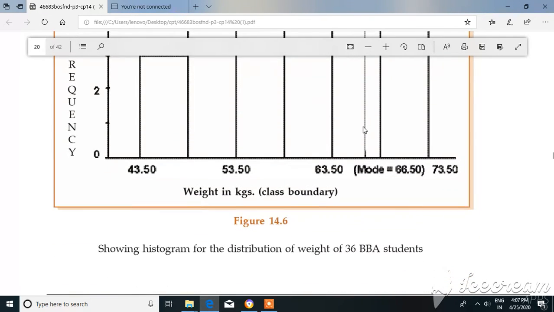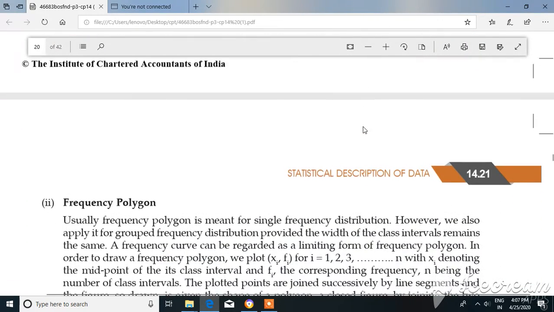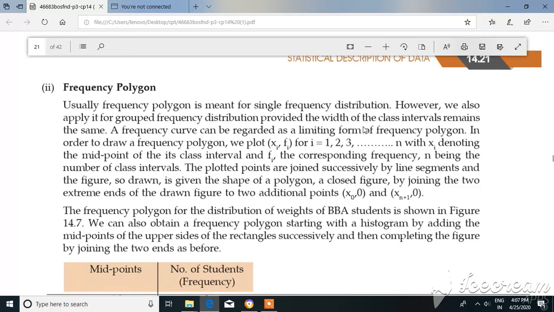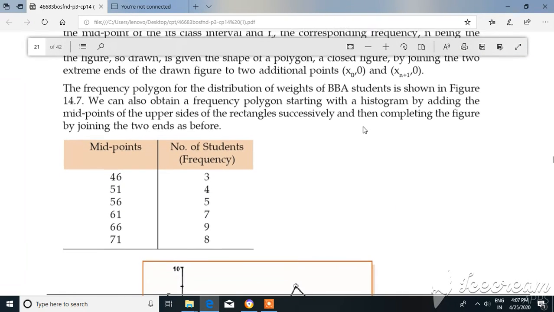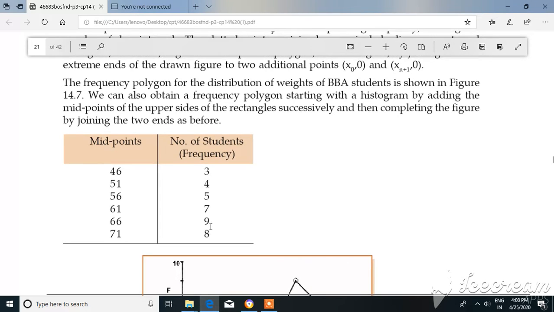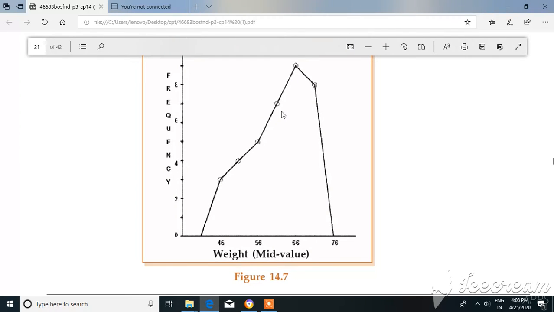Now this is called a histogram. A histogram is nothing but your bar diagram. These are the values, these are the midpoints, and these are the corresponding frequencies. For this I considered a line chart.